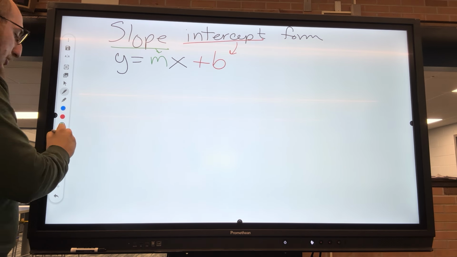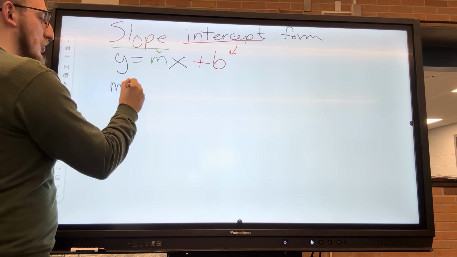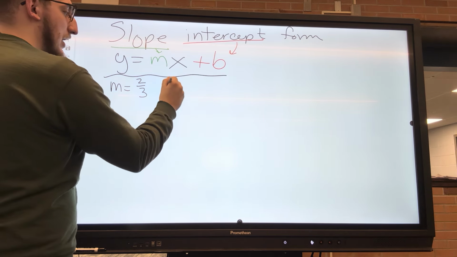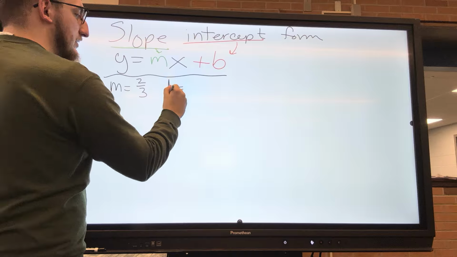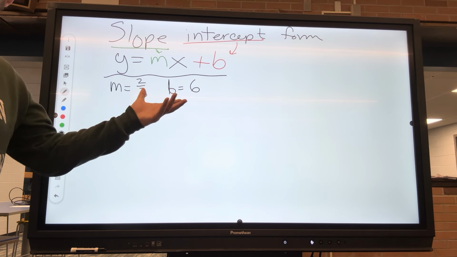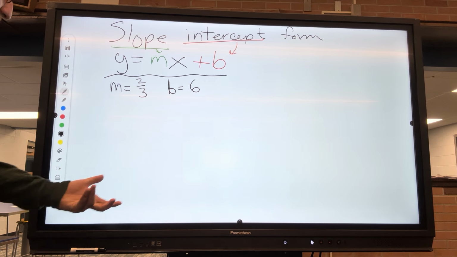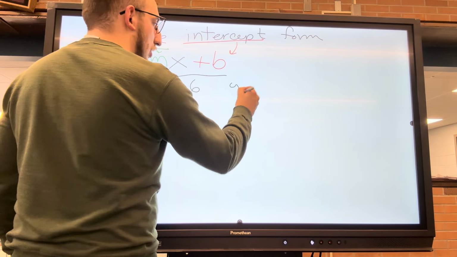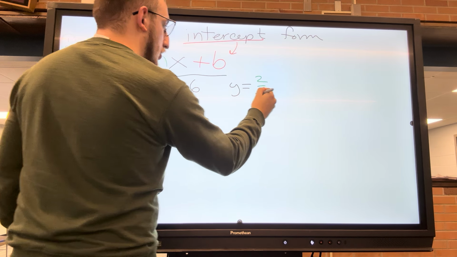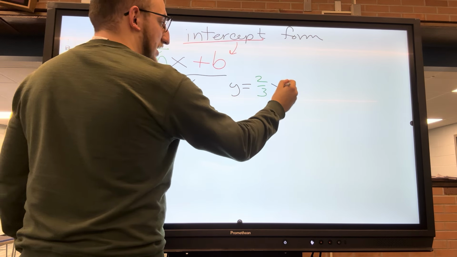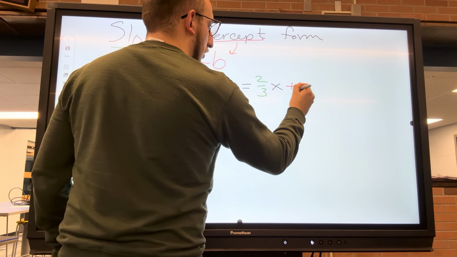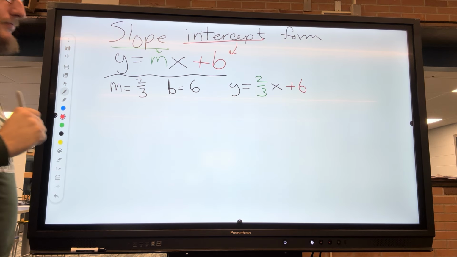So if I gave you a problem where I say, hey, your slope is 2/3 and your y-intercept is 6, all we've got to do to put this into an equation is write it as I see it. y equals my slope, 2/3 x, because we're trying to find a relationship between x and y, and then plus 6.